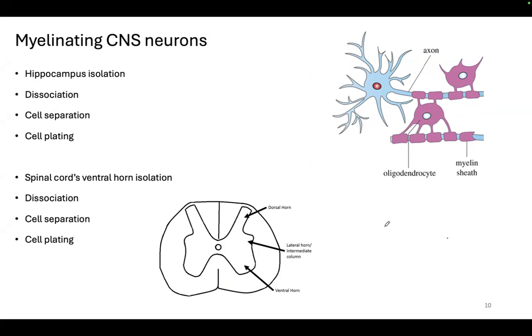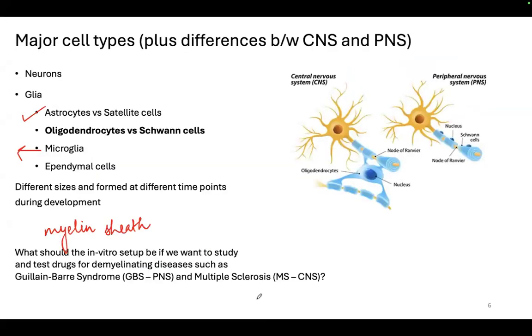These gaps, in both cases, are called nodes of Ranvier. You don't want the signal to go along as one go. It goes on in waves, in peaks. It goes on and then it dies down, and then there's another peak.